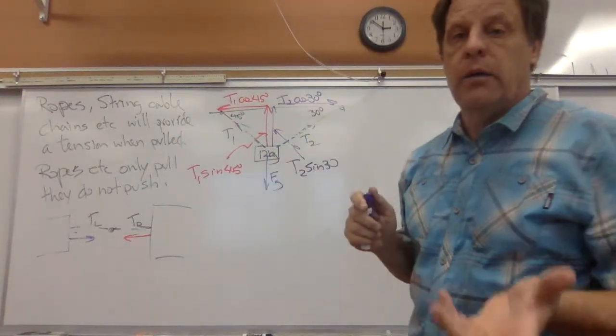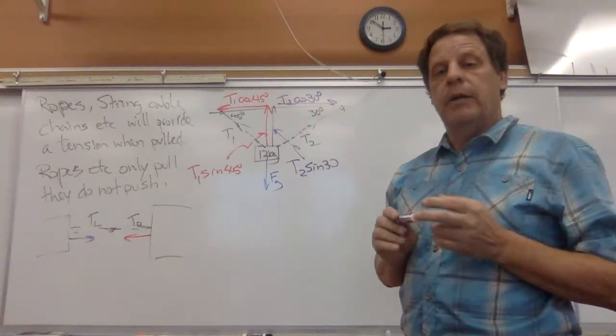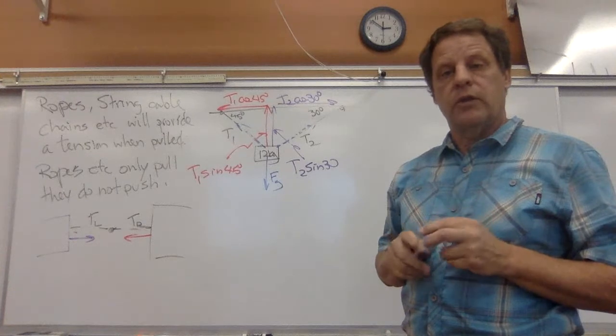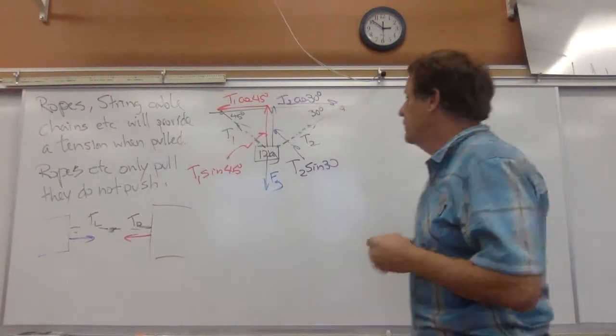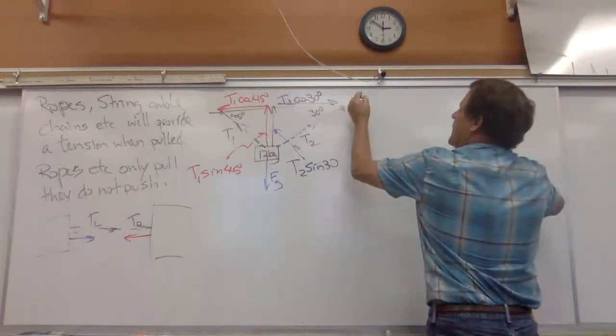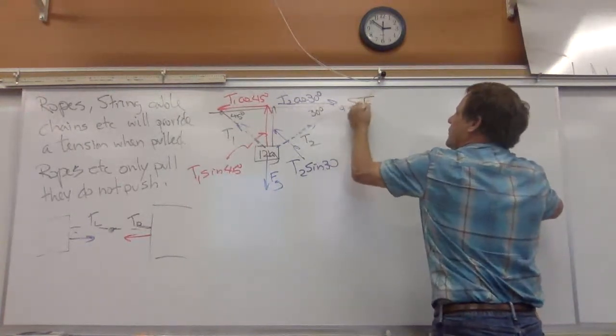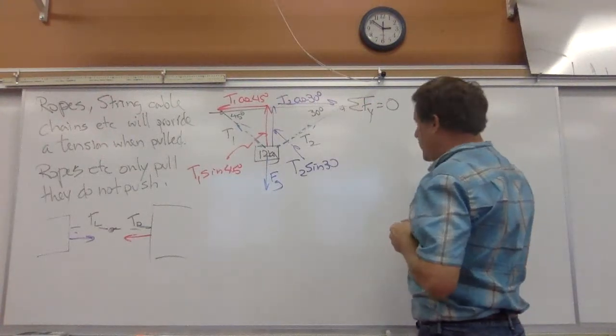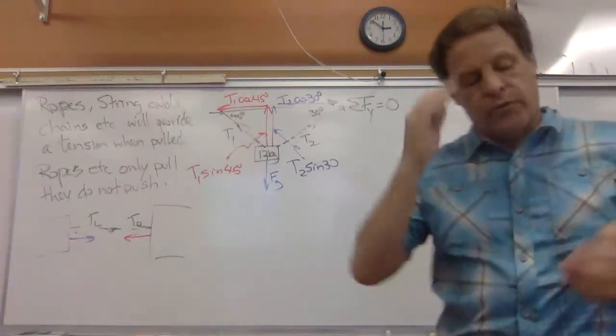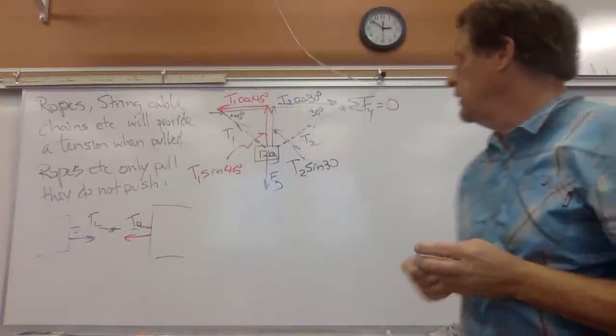can apply Newton's second law that says the sum of the forces is equal to ma, but as we talked about already, it's not moving, so we can say the sum of the forces in the Y direction is equal to 0. And we can also say the sum of the forces in the X direction is equal to 0.